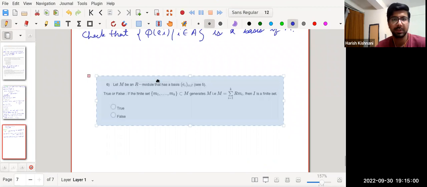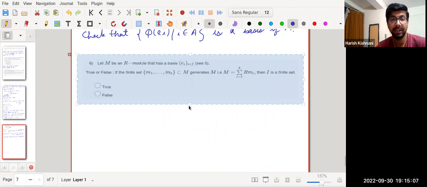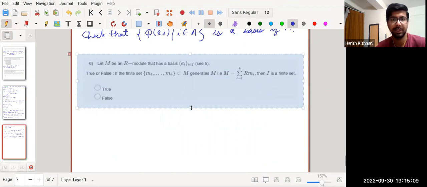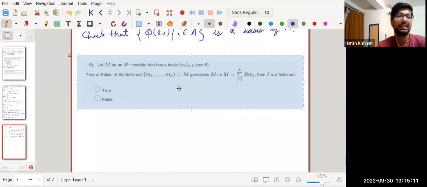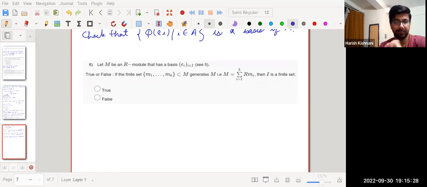So here is question number 6. It says let M be an R-module that has a basis E_i, i varying over the indexing set I. Then whether the statement is true or false. The statement is, if the finite set M_1 to M_k generates M, that is each element of M can be written as a finite linear sum of these M_i's, then I is a finite set.